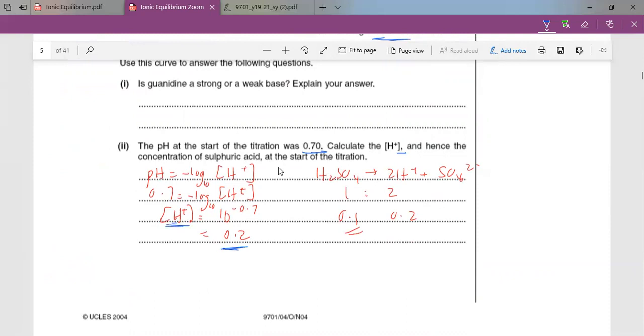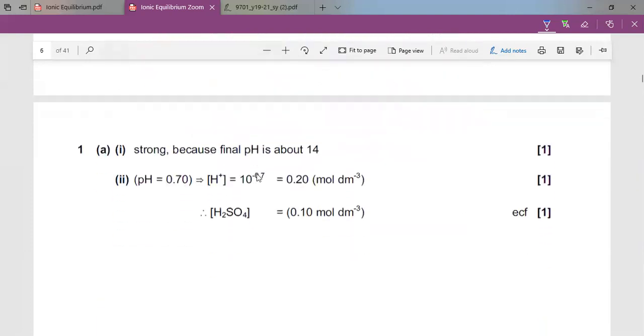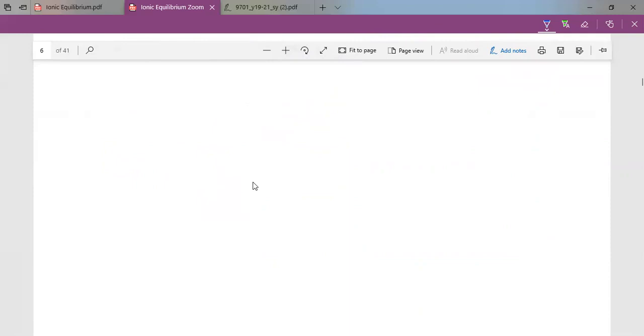So you go back to the original, to H2SO4. So you want to find the H2SO4. So this is 0.2, so the original is 0.1. See, it's 2 to 1. So the answer is there. See, this is H plus. This is H2SO4. Okay, so all maths.